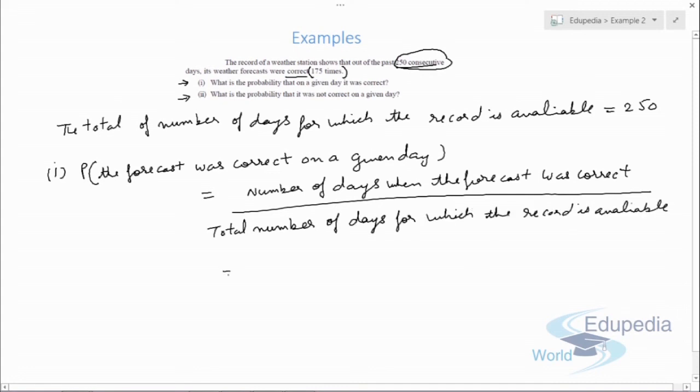The forecast was correct 175 times, and the total number of days is 250. When you divide it, it comes out to be 0.7.